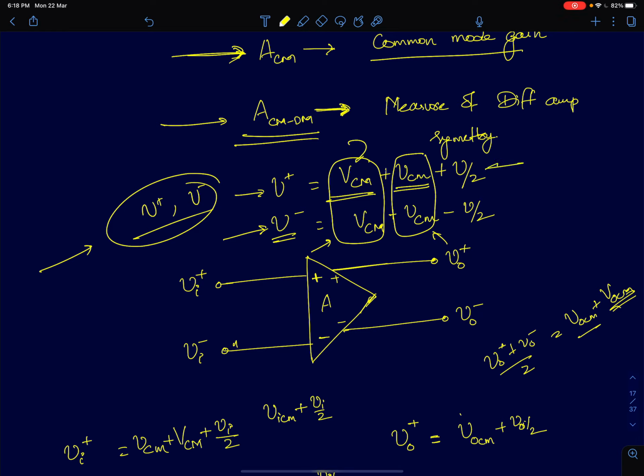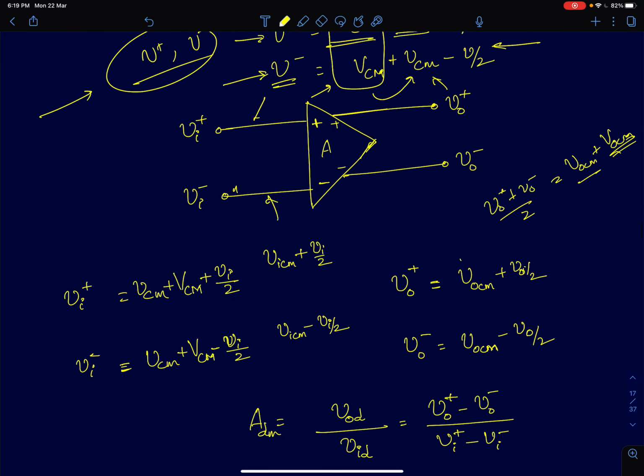If it is plus V by 2 here, it's going to be minus V by 2. Now what is the small VCM? The small VCM here can be a common supply noise, or it can be an amplified version of the input common mode noise. You can have some common mode noise at the input at both the terminals, which might be amplified, and it will appear as common mode at that node.